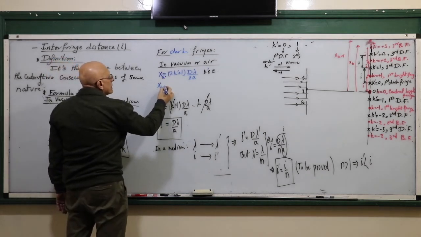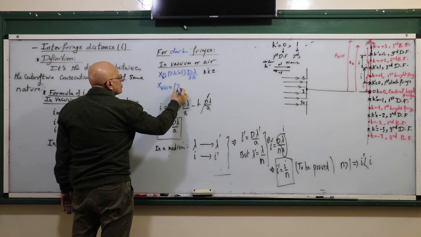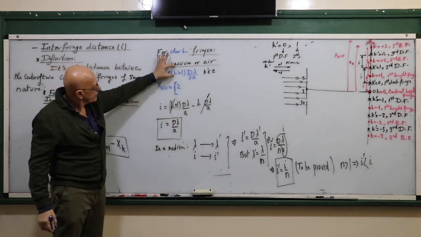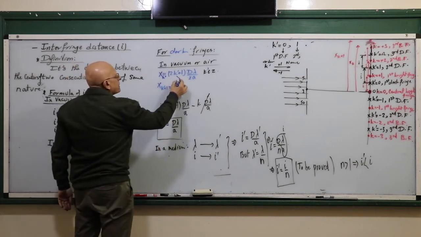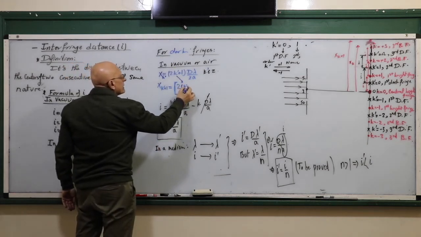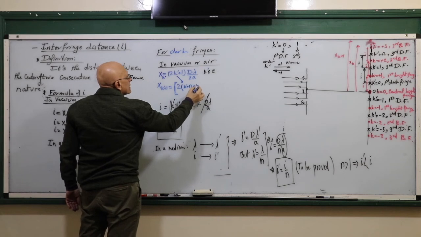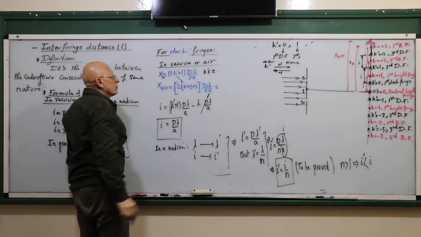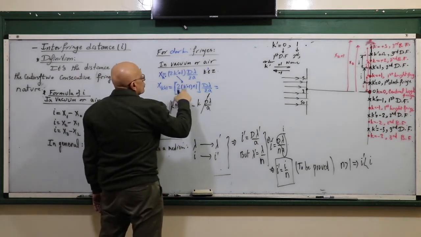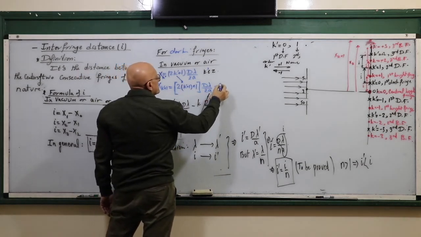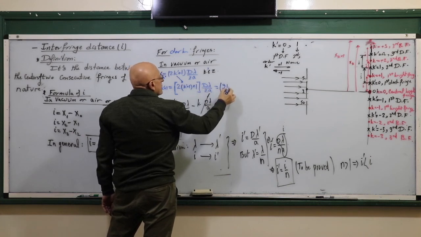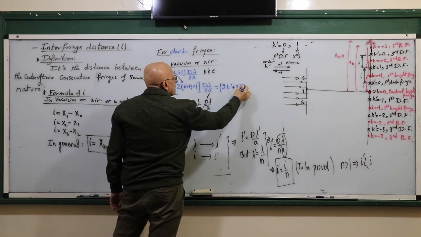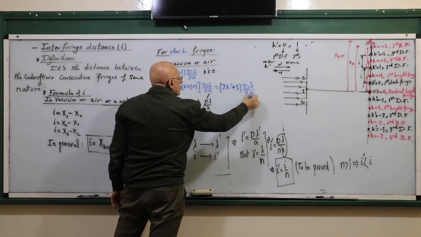What about order k prime plus 1? Instead of k prime, I replace k prime plus 1, because this is the order plus 1. So you get 2k prime plus 3 d lambda over 2a.